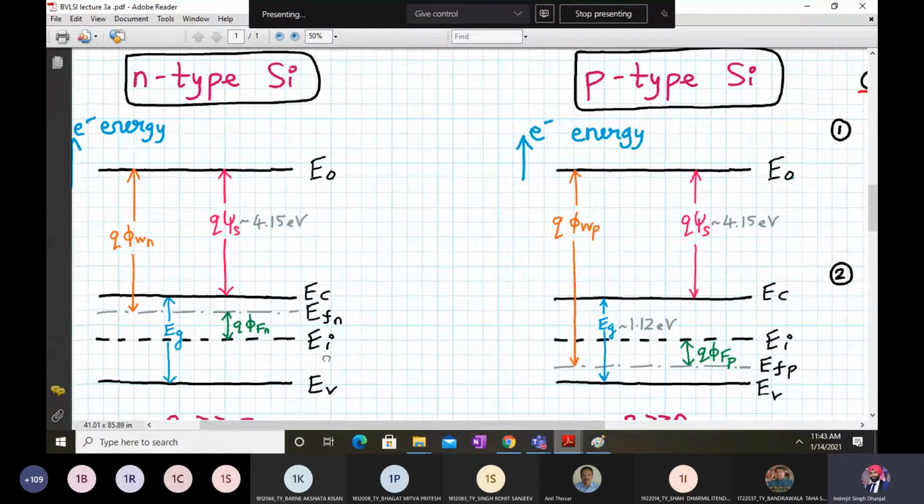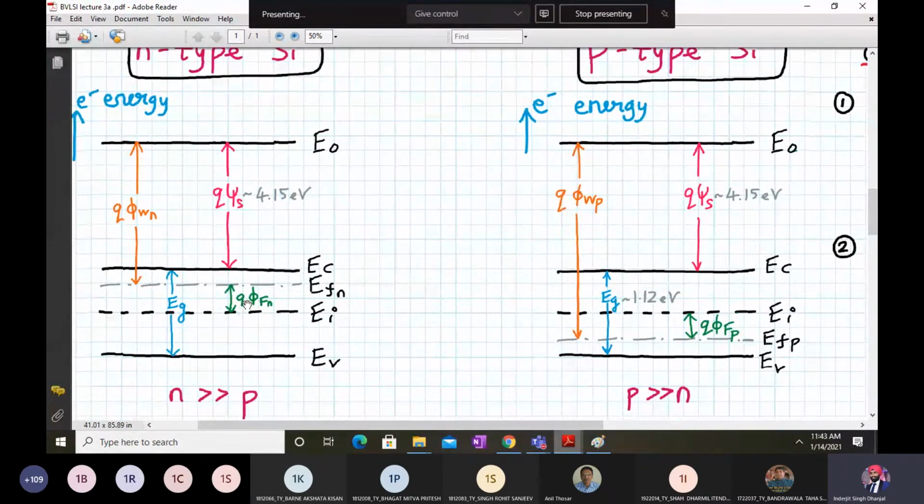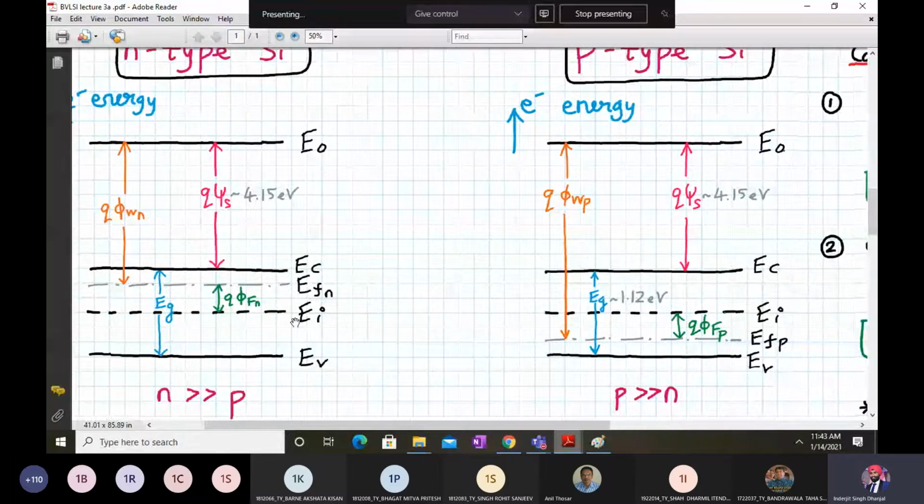There is one more quantity, Q into phi Fn. The term phi Fn is called the Fermi potential. Q into phi Fn is the Fermi potential energy for N-type silicon. It is the difference between EFN and EI. Similarly, the difference between EI and EFP is called the Fermi potential for P-type silicon, that is phi Fp.